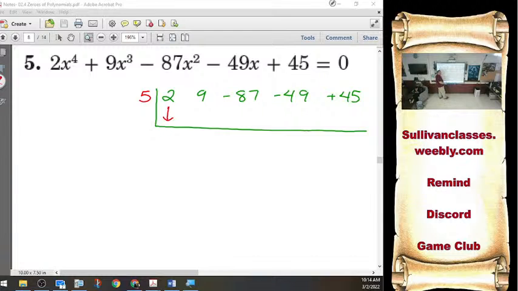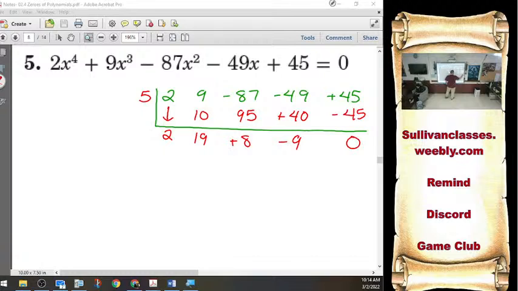The ether is confusing today. So I got 10. It's 19. I got 95 and negative 8 and negative 40 and 9. Positive, positive, negative 9, negative 45.